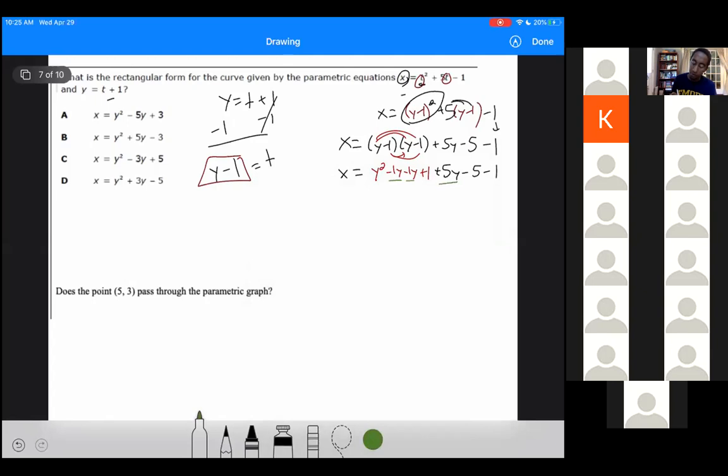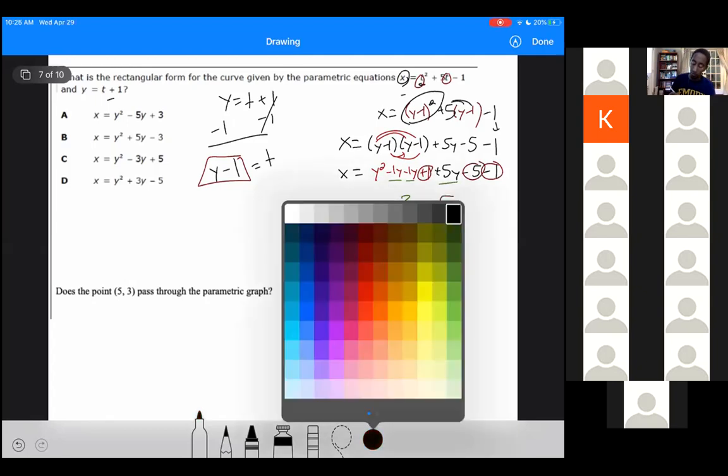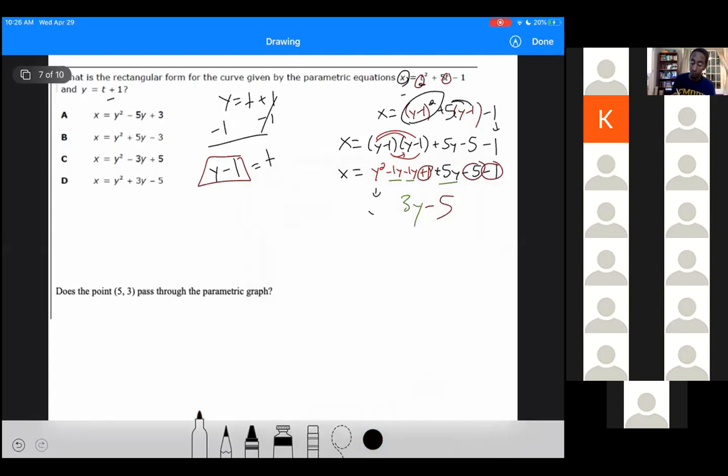That'll be 5 minus 2, 3y. We can combine 1 and -1 and -5. That will make -5. We can bring down this y squared. And so that would be the rectangular form. That's showing the relationship between x and y. So that would be D.